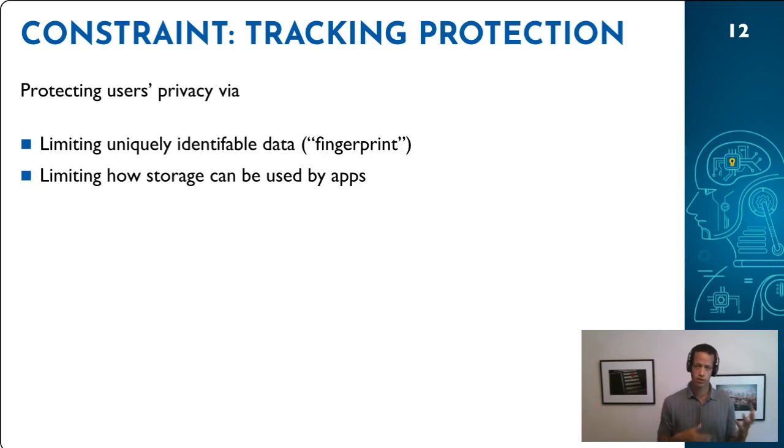In particular, a lot of the recent evolutions in how cookies are managed, how data gets stored, and how much uniquely identifiable data is exposed in APIs. That data could be used to build the fingerprint for a particular user or device. A lot of these evolutions have a deep impact in how new web technologies get designed.